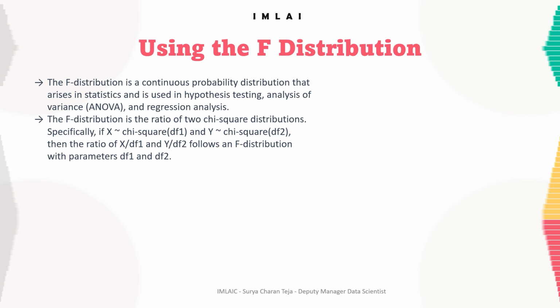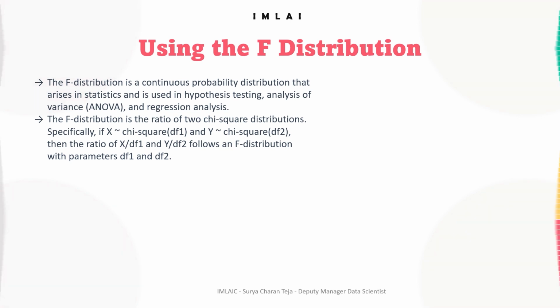Then the ratio of the chi-square with df1 and the chi-square with df2 follows an F distribution with parameters df1 and df2, which we did in our previous video. There we explained how to build the F distribution itself.